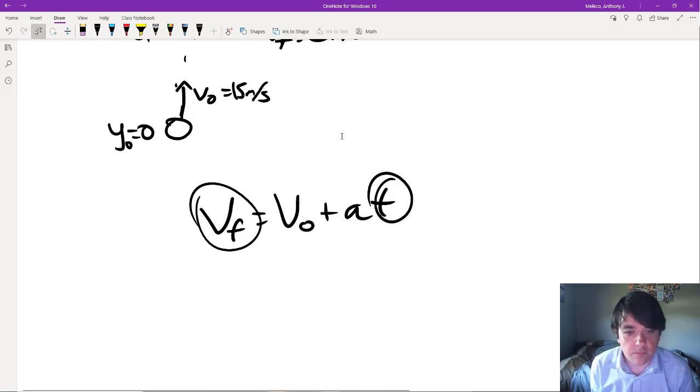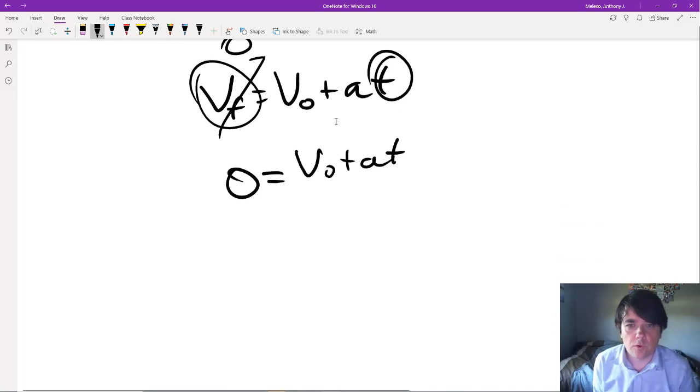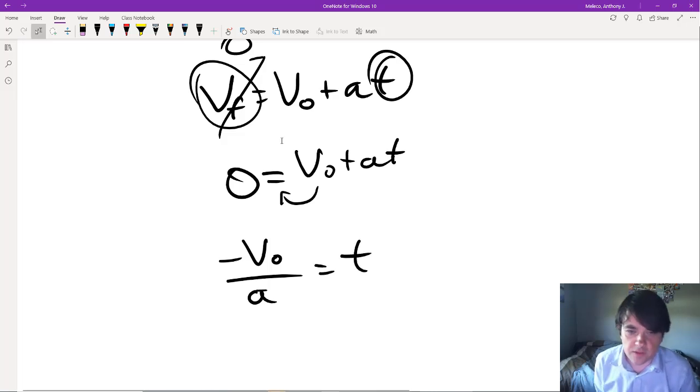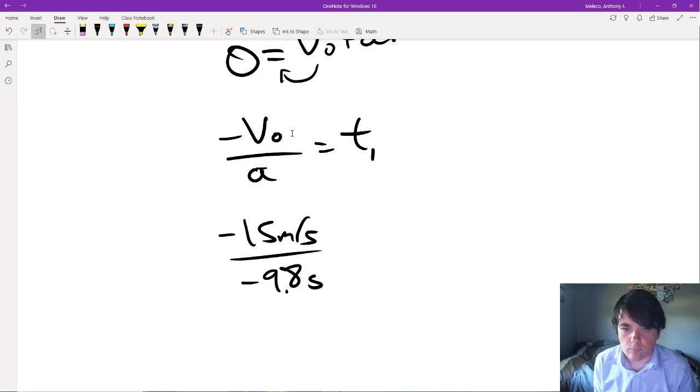So we plug in, so we say this guy's 0, so we say 0 equals v initial plus at, subtract over, and this is going to be T1. And this equals 1.53.